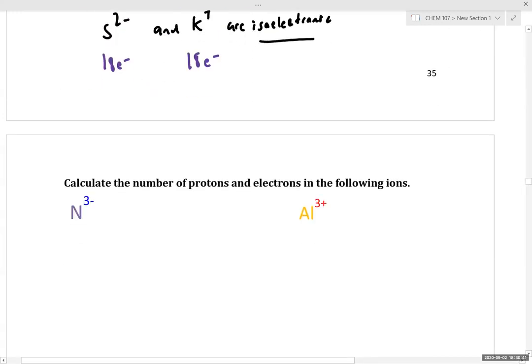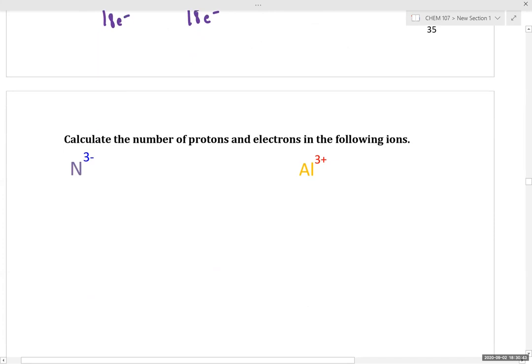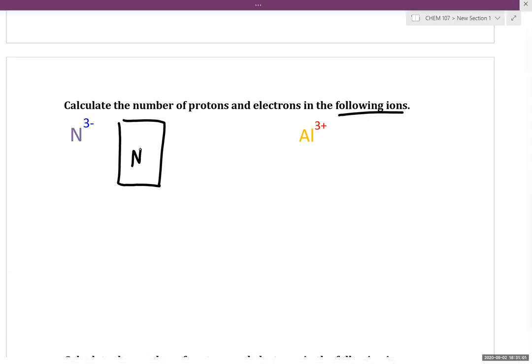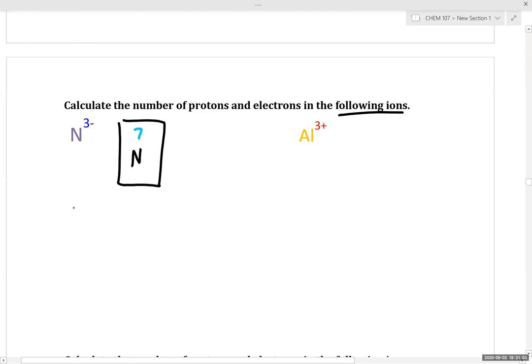Okay, so let's look at an example where we calculate the number of protons and electrons in the following ions. I'll start us off for this one and then you'll do the next one. So we're looking at N3-. So nitrogen in the periodic table has an atomic number of 7. So we know our number of protons is equal to 7.